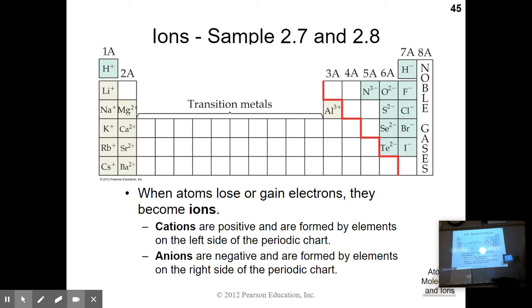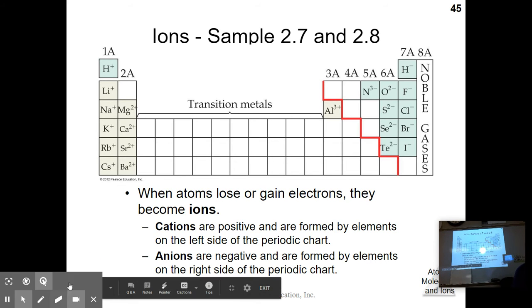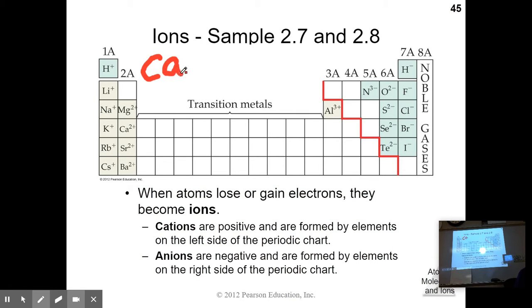Now, there are 2 types, cation and anion. Here's how I always show people how to remember which is which. If you write out cation, what does the T look like?